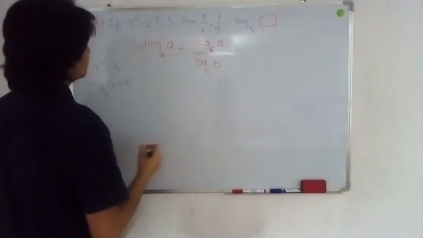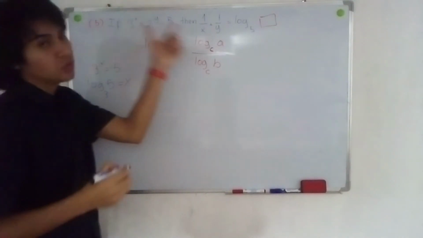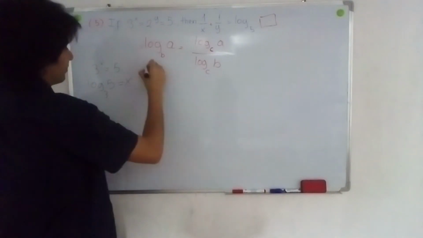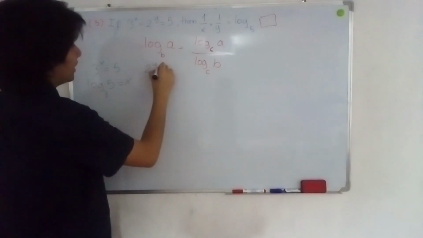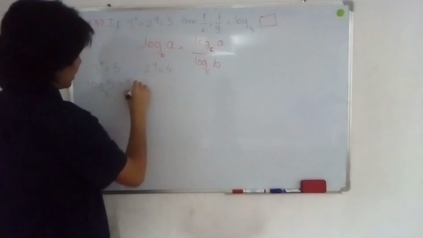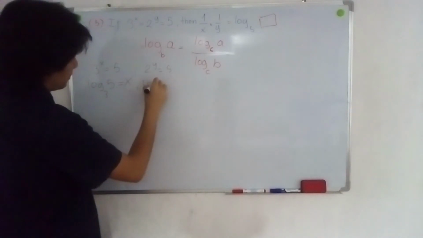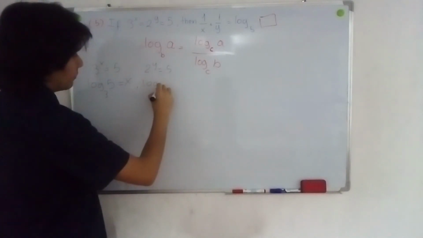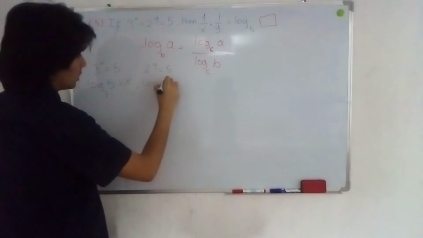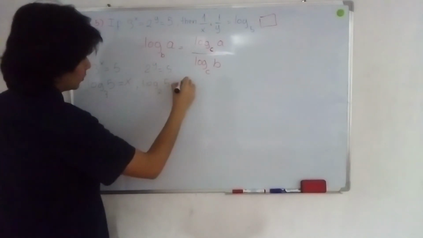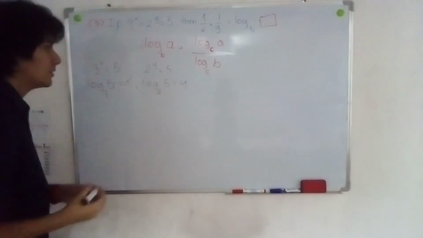And the same thing for 2 to the y. 2 to the y is equal to 5, and that is equal to logarithm with base 2 of 5 is equal to y.